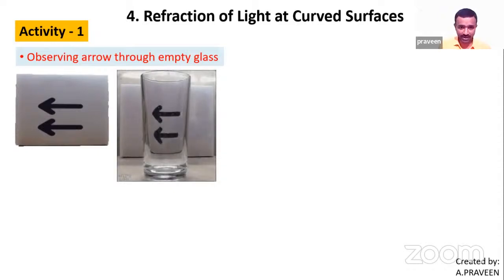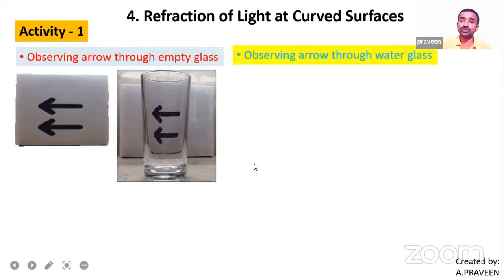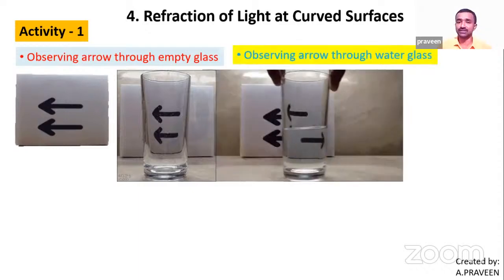What happened? They are on the same side; compare their sizes here. Are they the same size? No. Here I observe that it is smaller but faces the same side. Smaller, facing the same side, so I call that an erect and diminished image. But when those same arrows are observed through the glass filled with water, look at that.